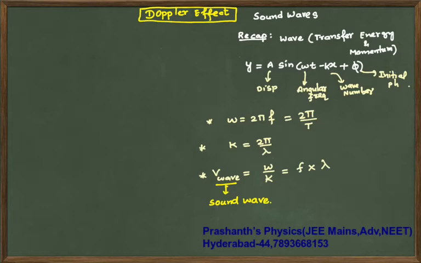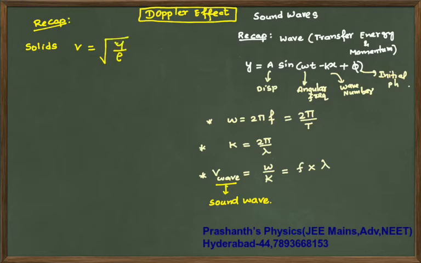This sound wave, we have studied in which chapter? Previously in sound waves. I'll do a recap first, then I'll explain Doppler effect. If this sound wave is in solids, you will write velocity of sound is under root of Young's modulus by density.